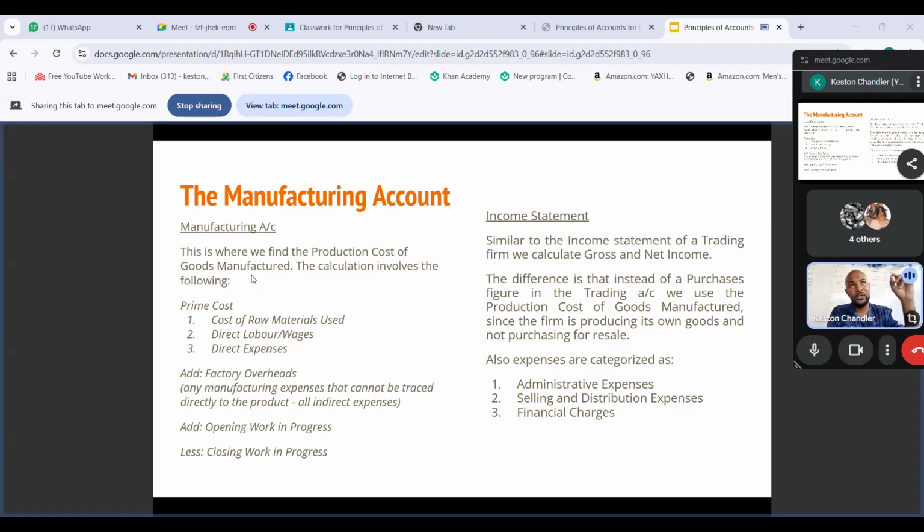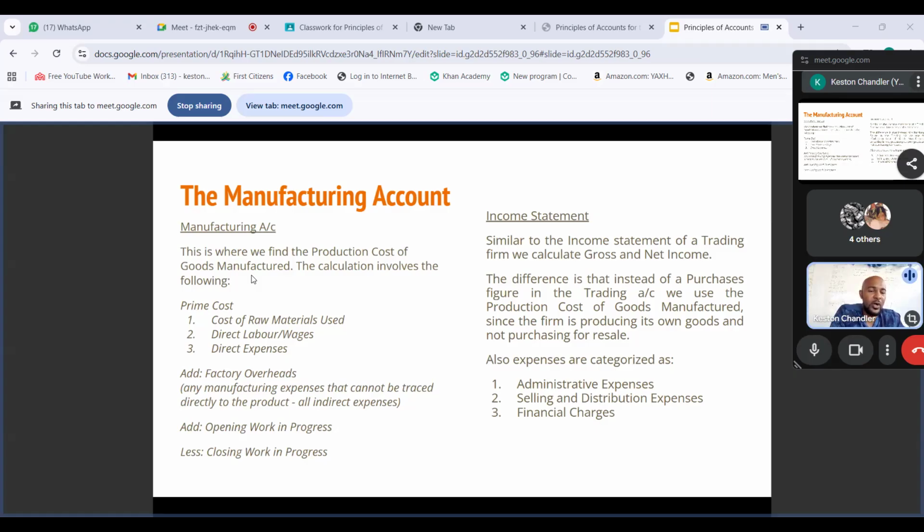Additionally, we will now be using our opening inventory of finished goods, right? Because we're going to have goods that are completed but not yet sold. They make tables and chairs, they put them in the showroom or the warehouse or whatever. That's finished goods, right? You have an opening stock. You will sell some during the year, you will add new stock to it, and then you'll have some remaining. So you have an opening stock of finished goods and a closing stock of finished goods.